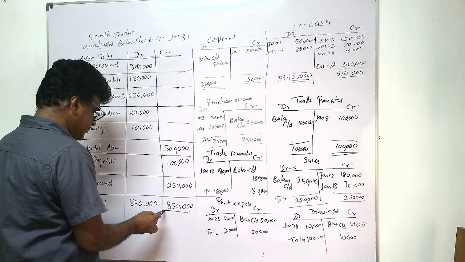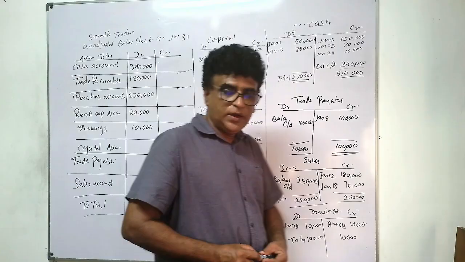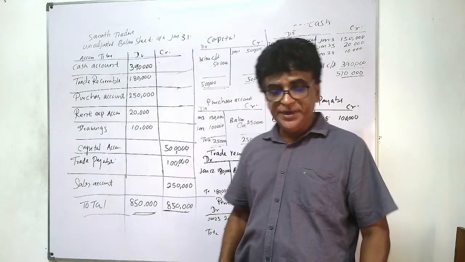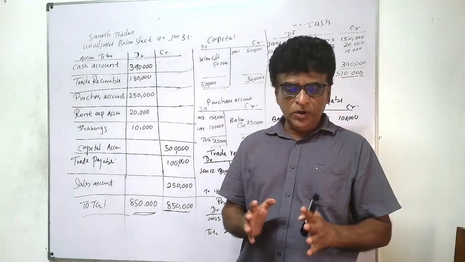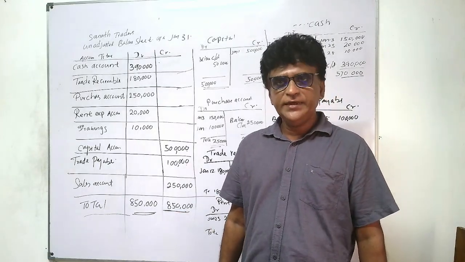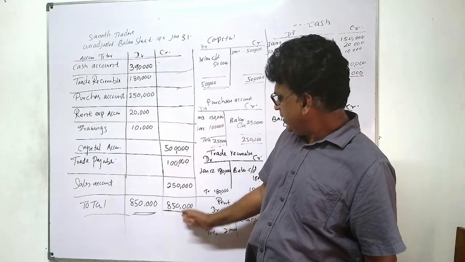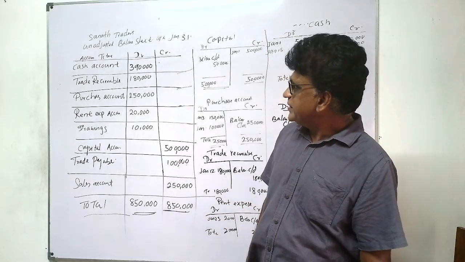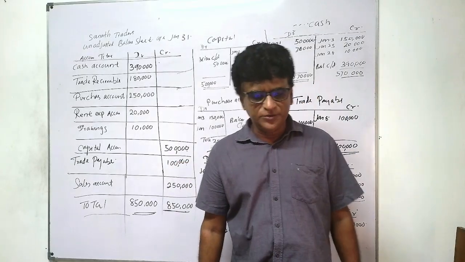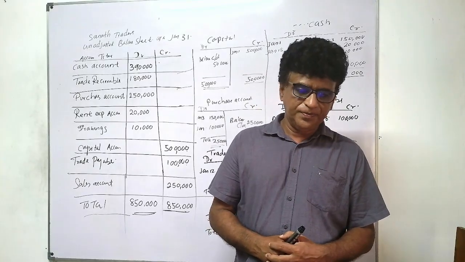There is no difference between debit and credit. That means the debit column and the credit column are totally balanced. Then we can use this unadjusted trial balance for adjustments and final accounts.